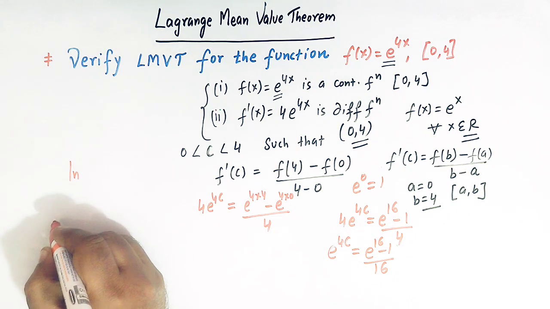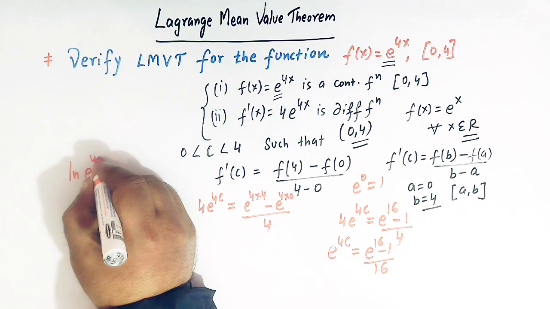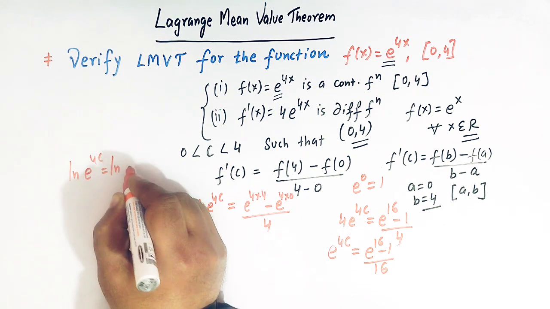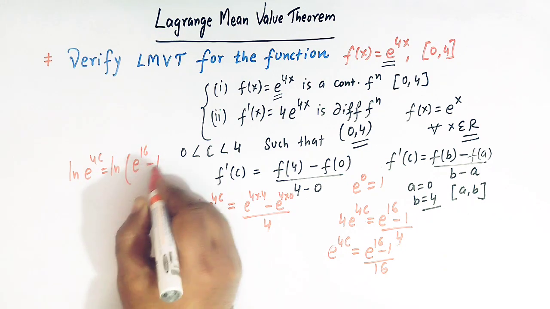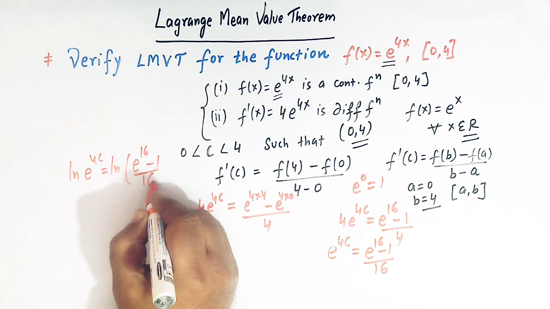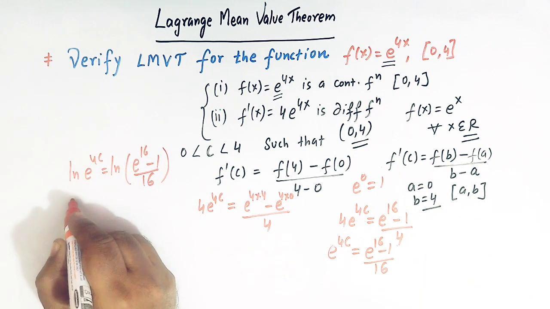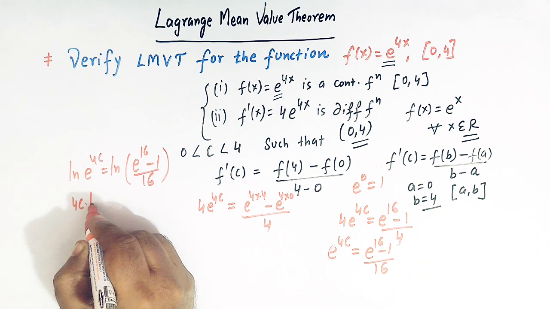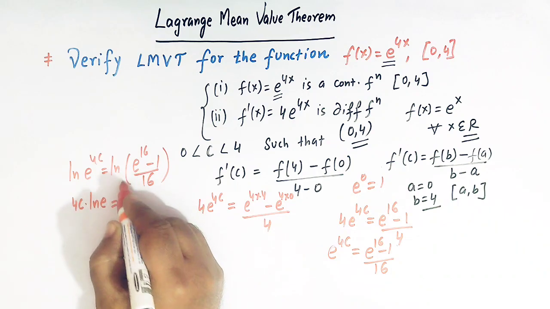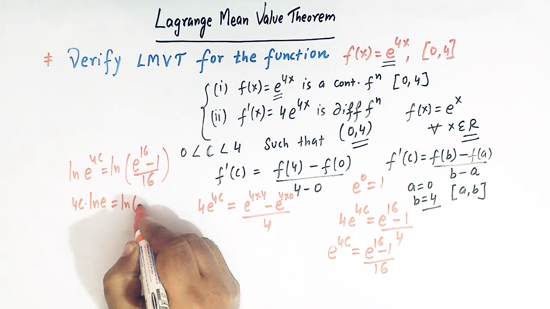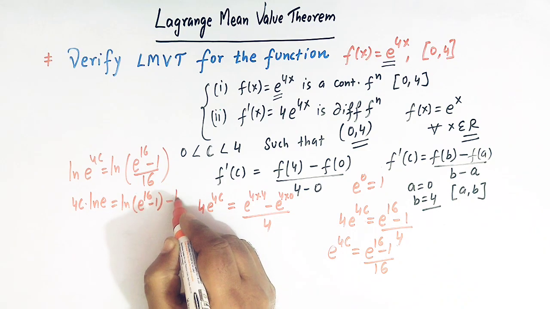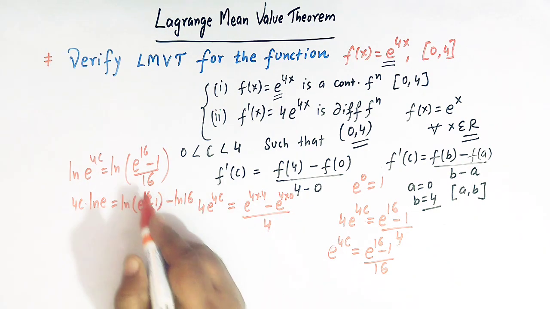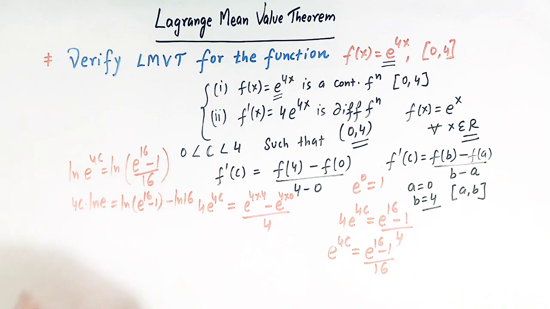So we'll get ln e raised to 4c is equal to ln of e raised to 16 minus 1 over 16, right? So this is 4c times log of e, and here we have log of e raised to 16 minus 1 minus log of 16 by applying the properties of log.